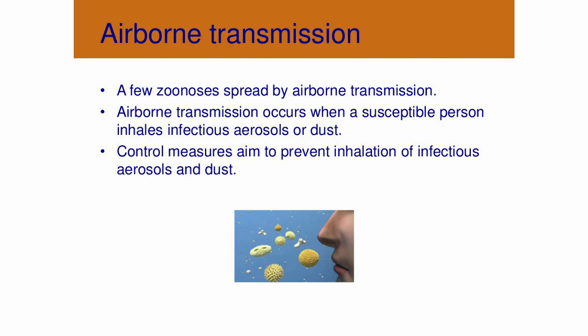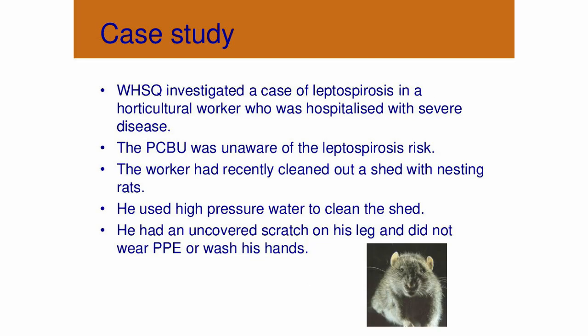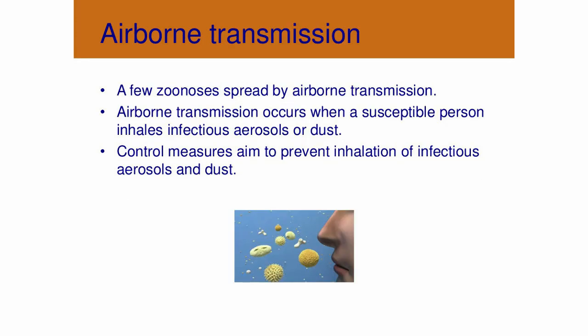Also, some zoonoses that spread preferentially by droplet transmission in nature may have the potential to spread opportunistically by short-range airborne transmission, especially during work activities that create aerosols of infectious substances, including some types of veterinary procedures.